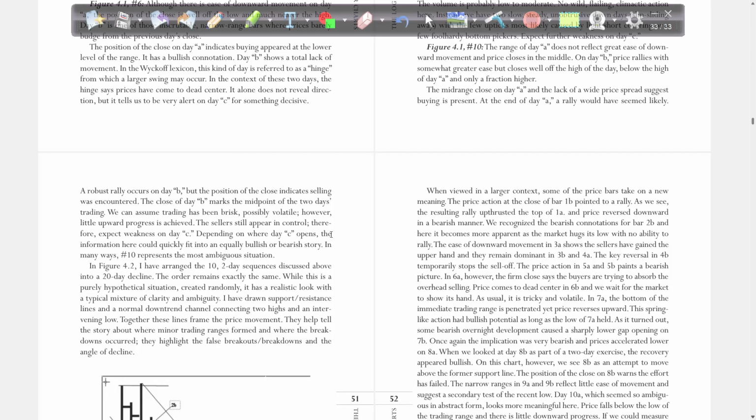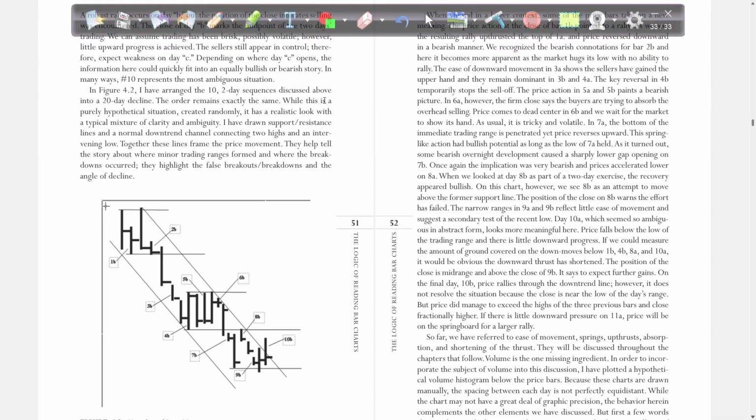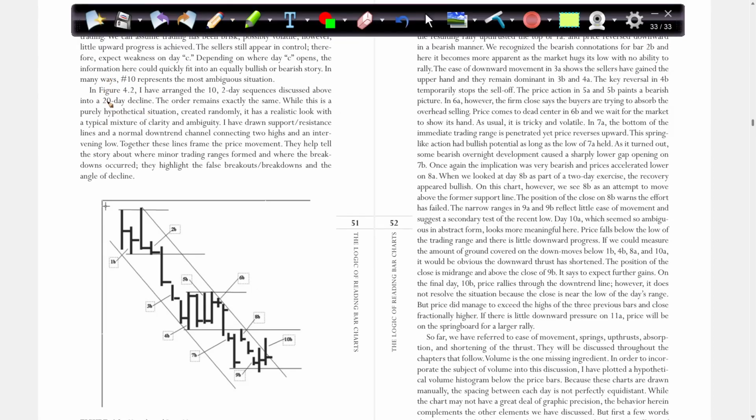Depending on where day C opens, the information here could quickly fit into an equally bullish or bearish story. In many ways, number 10 represents the most ambiguous situation. In figure 4.2, I have arranged the 10 2-day sequences discussed above into a 20-day decline.